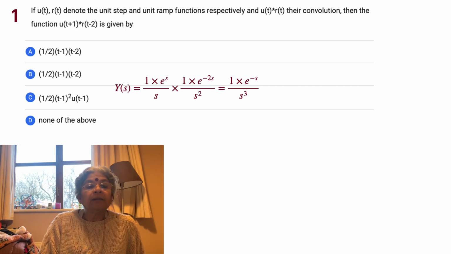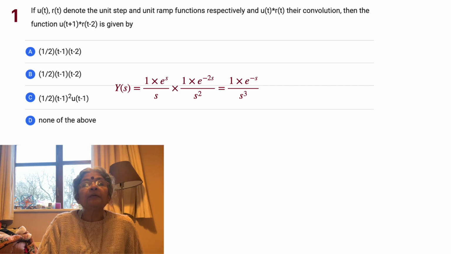Multiplied by that, since Laplace transforms can be multiplied, the Laplace transform of r(t-2) is, as is obvious, 1/s² e^{-2s}, because there is a two time unit delay. When you multiply them together, it's going to be 1/s³ e^{-s}. You can take the Laplace inverse very easily enough.